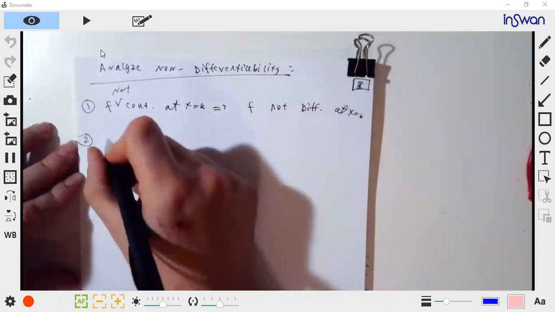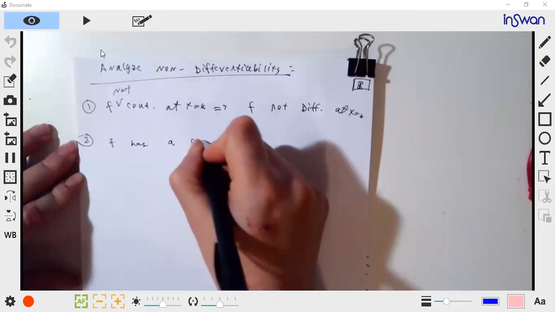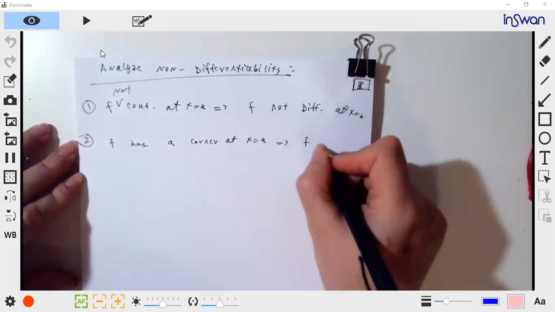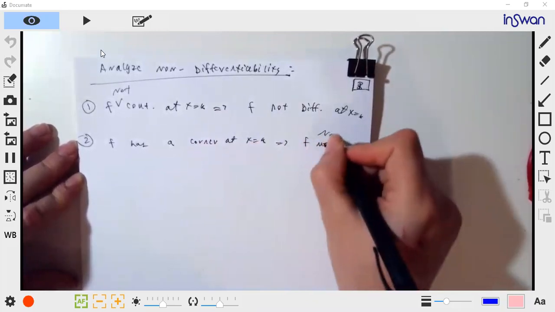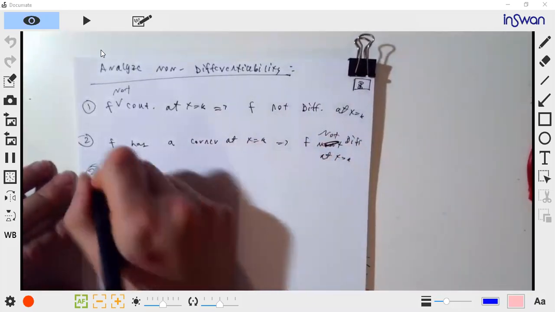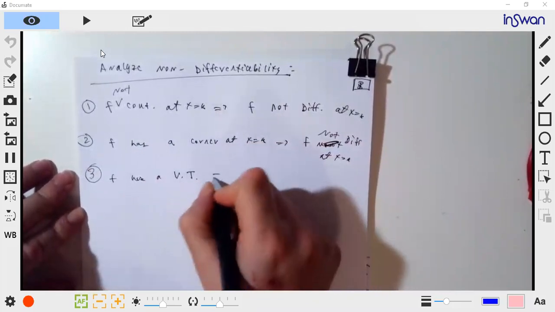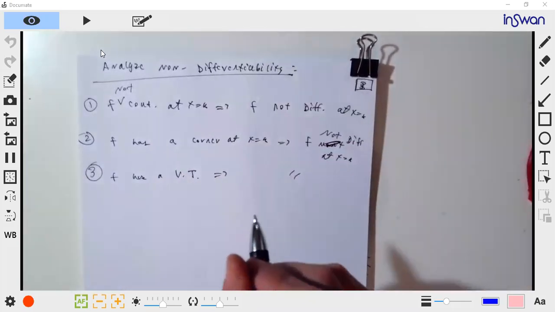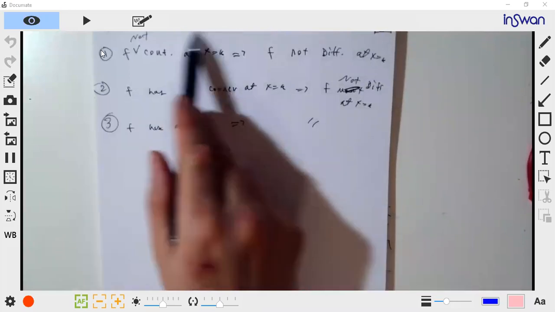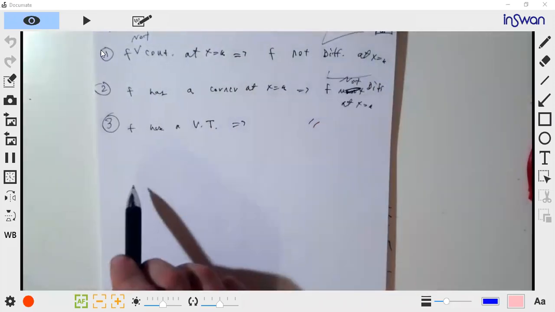Okay. If f has a corner, that implies f is not differentiable. And if f has a vertical tangent, again, that implies the same thing. So for non-differentiability, you have to look out for discontinuities, corners, and vertical tangents.